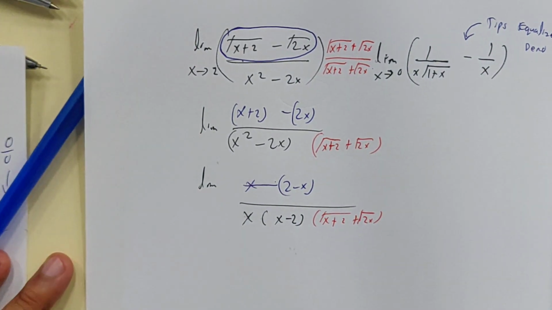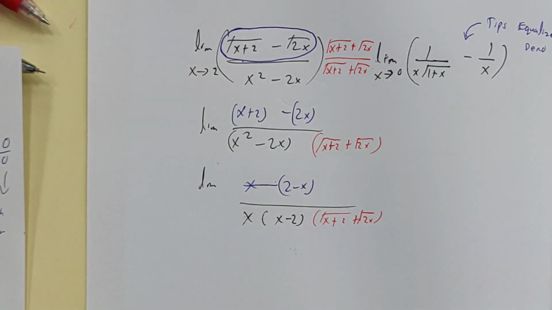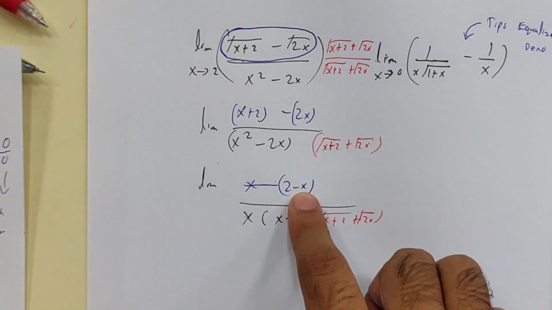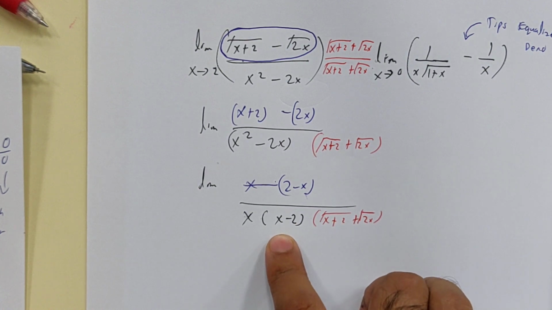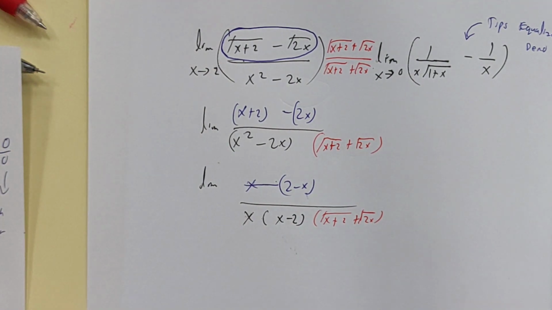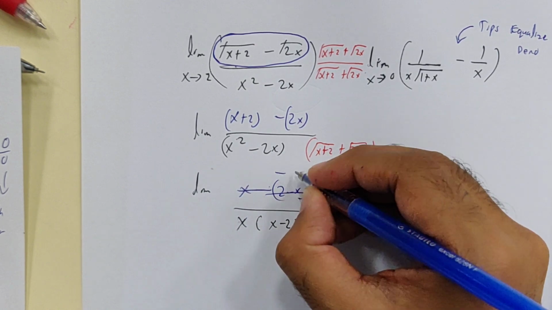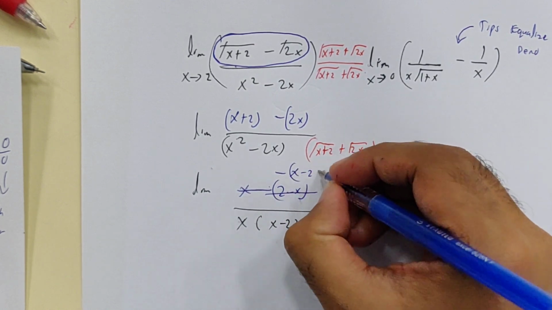What should I do from here? Can I simplify? Can I simplify 2 minus x and x minus 2? What should I do? Factorize the negative. Which one? Either one will be fine. So 2 minus x becomes negative x minus 2.